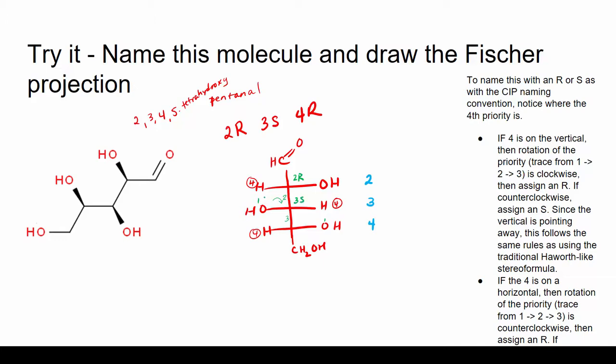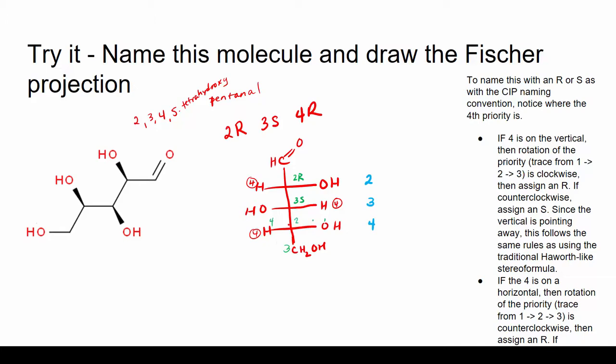And for carbon number 4, we have hydrogen being number 4. OH is number 1. The side that contains the aldehyde is number 2. And the remainder of the molecule down towards the bottom is number 3.